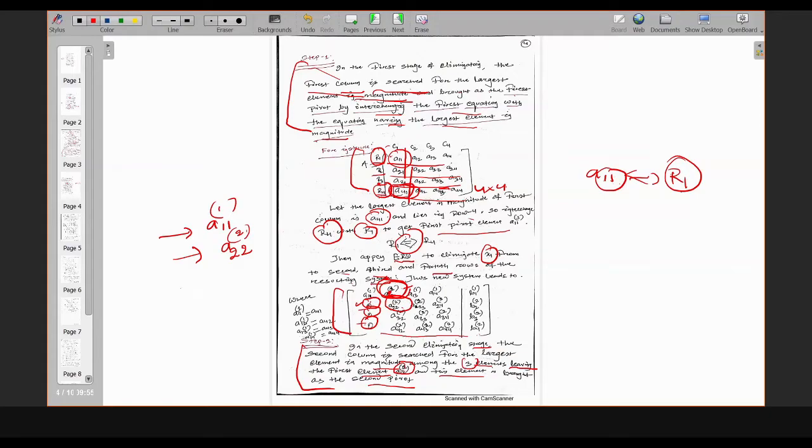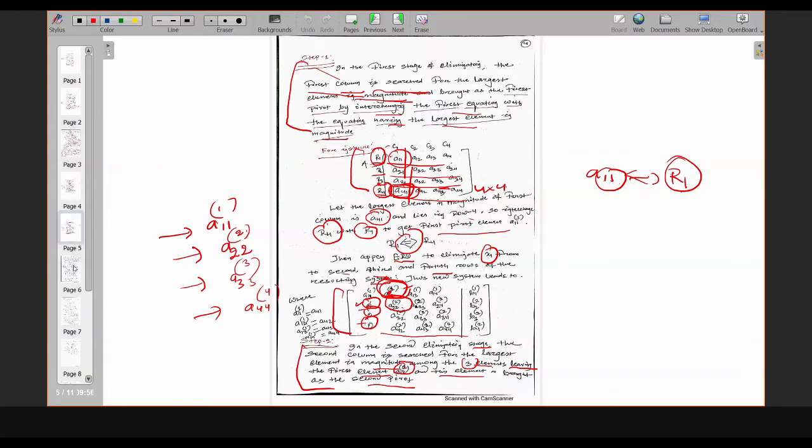Because this is a 4 cross 4 matrix, you will have a third pivot A33 and a last pivot element A44, so you will have 4 non-zero entries in the diagonal positions. That's why you are applying the pivoting strategy, to get non-zero elements in the diagonal. Those are your pivot elements.